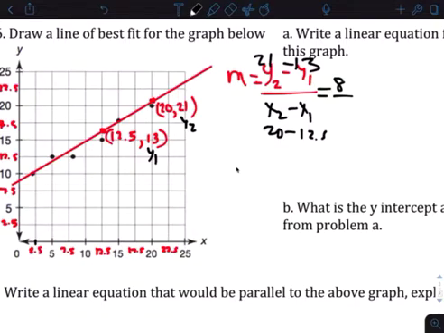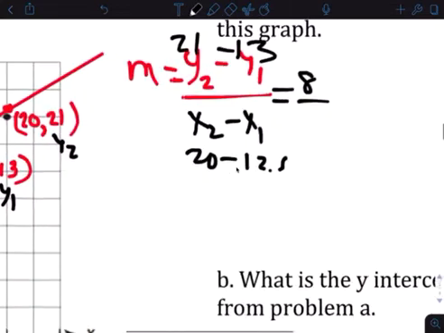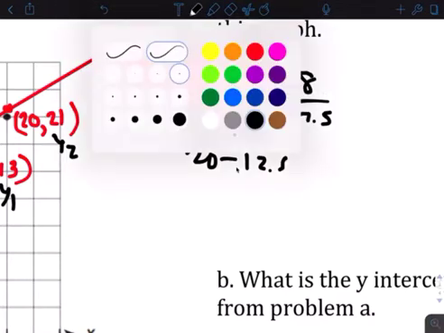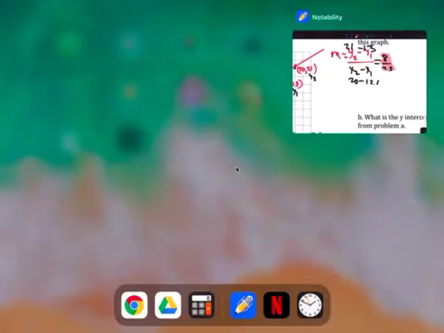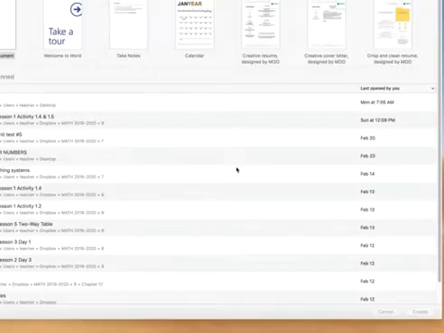This is important, so that's 7.5, right? I've never seen a rate of change with a fraction and a decimal, but I have something like this. It would make sense to do 8 divided by 7.5 and just use the decimal 1.06.